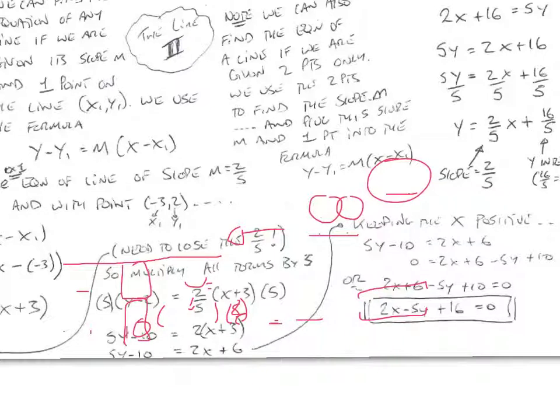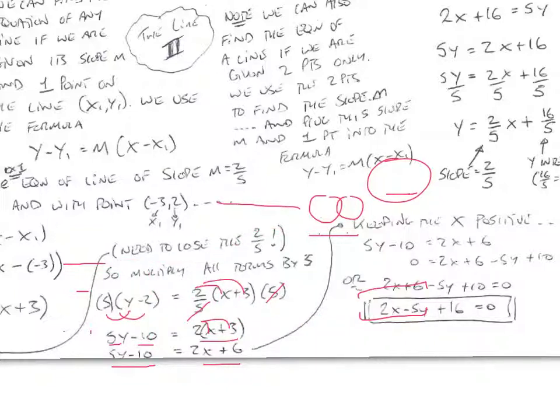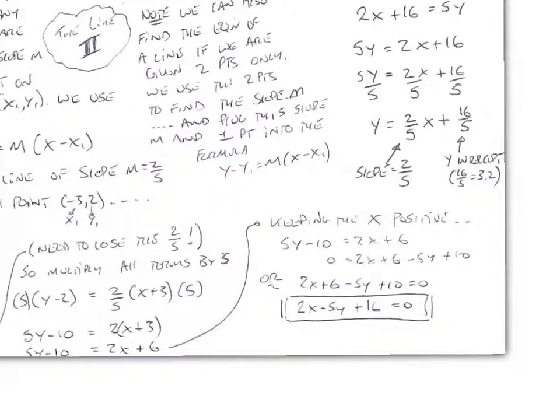So multiplying through, 5 by y is 5y, minus 10 is equal to, the 5 cancels with this 5, 2 times x plus 3. So 5y minus 10 is equal to 2x plus 6. We can keep the x positive over on the right hand side and bring all the other terms over.